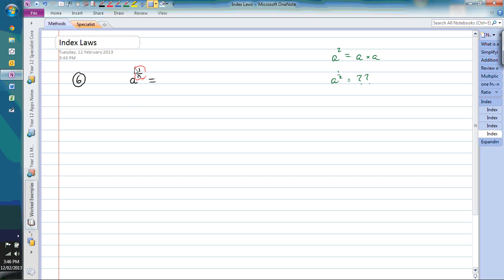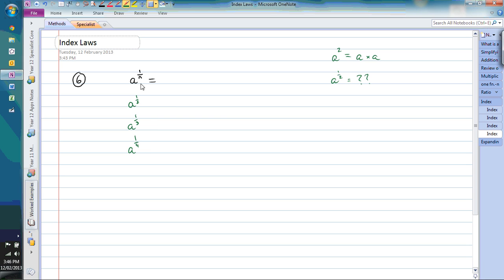This expression here, I'll write that out again because it was a bit messy. This expression here, a to the 1 on n, means that we're dealing with a bunch of different cases where n can be lots of values. So this is the rule for a to the power of a half, a to the power of a third, a to the power of a quarter, anything where n is some value.